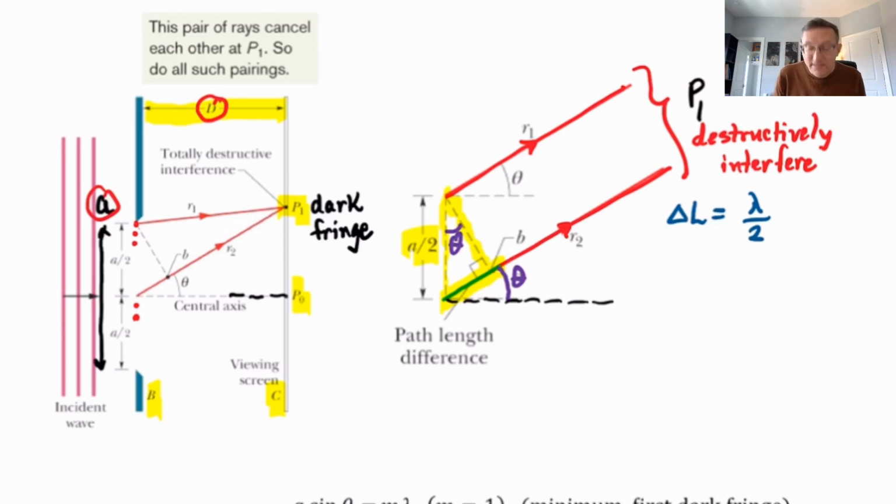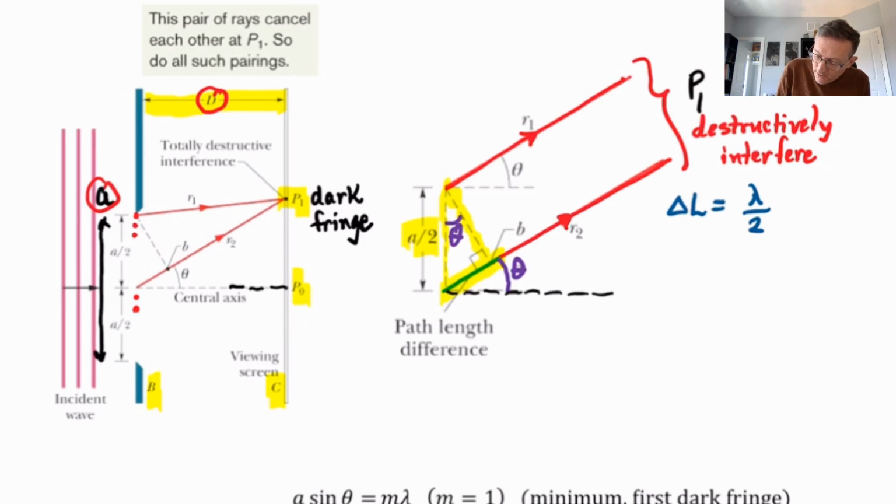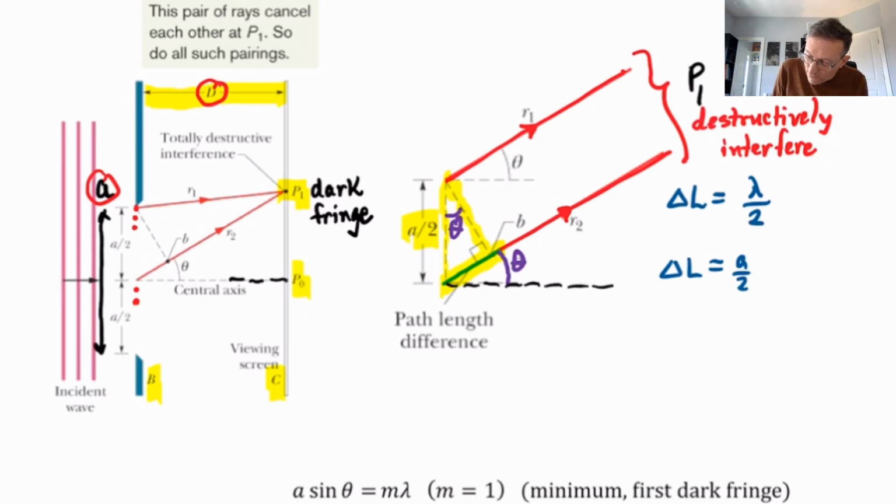And so the length that I have drawn in green is the path length difference. It's the extra distance that ray 2 travels compared to ray 1. So just from geometry, I know that delta L is the length of that green side of that right triangle, which is the hypotenuse times sine theta. And the hypotenuse is A over 2. So A over 2 sine theta follows from geometry.